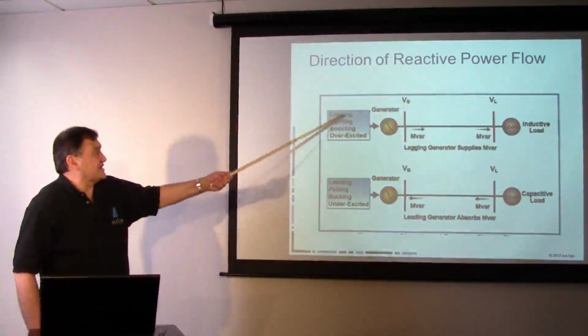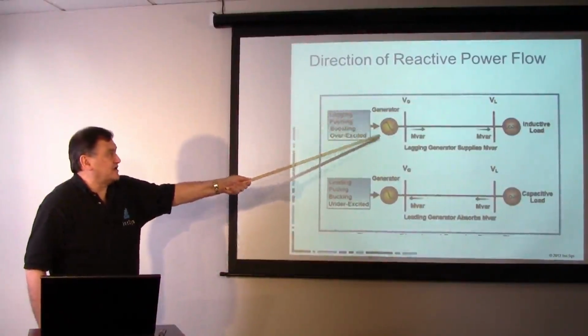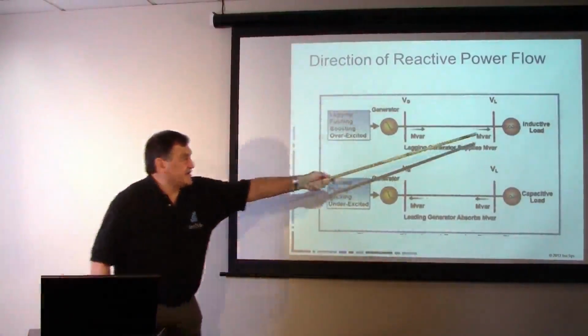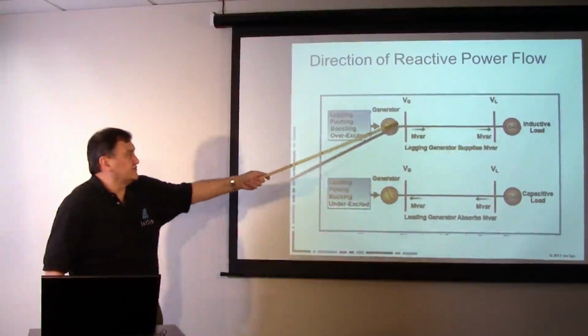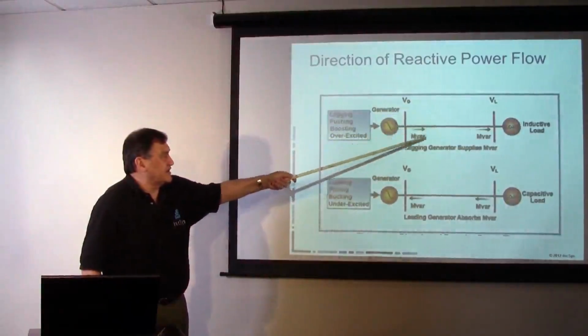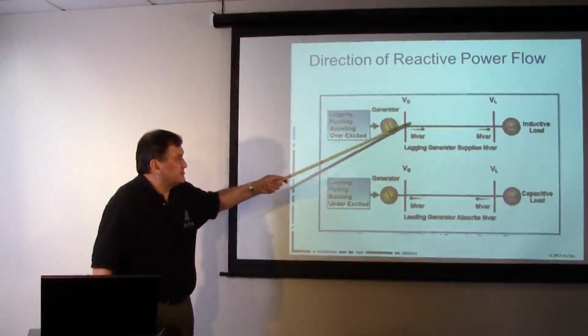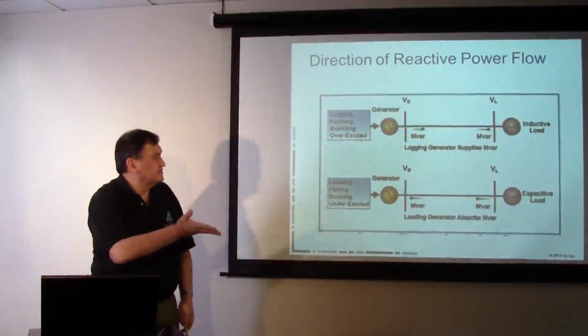It can be called lagging. Now, it's lagging in terms of the fact that it's serving a lagging load, and the voltage is actually leading the current, or in terms of the current is actually lagging. So the voltage is actually ahead of the current.